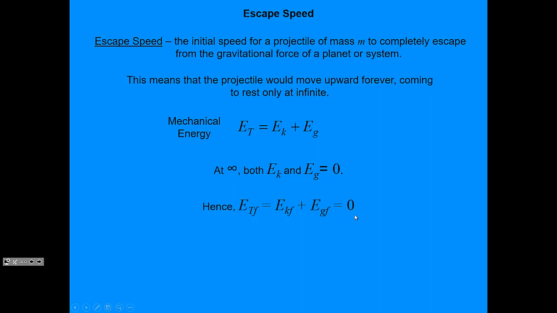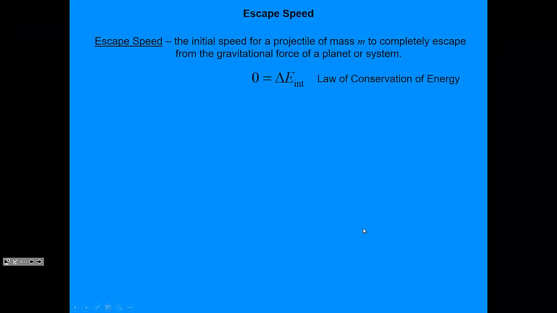So if we're going to do a little conservation of energy problem here, and our final is at infinity, both kinetic and gravitational will be 0. If we put the projectile of mass m and the planet it's trying to escape from inside of the system, then the system is isolated and therefore the total amount of energy doesn't change. We would have changes in EK and changes in EG as it gets further away.